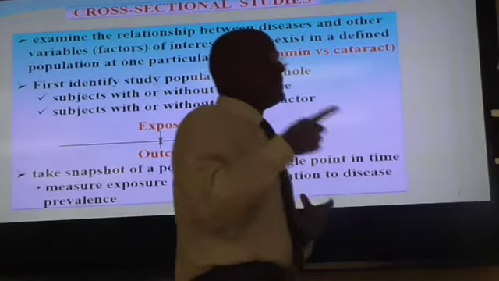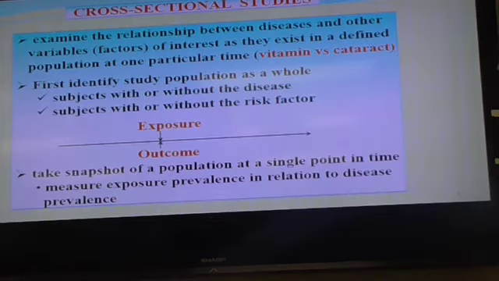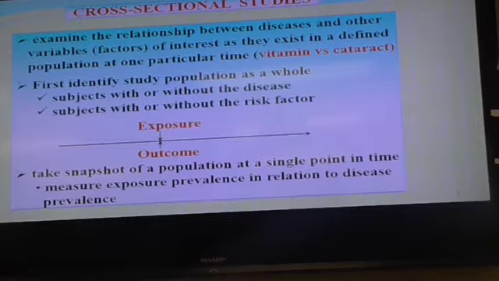They examined children, back in the early 1900s. They examined school-age children, 6 to 7, for cataract, and at the same time they collected blood to analyze the vitamin levels.